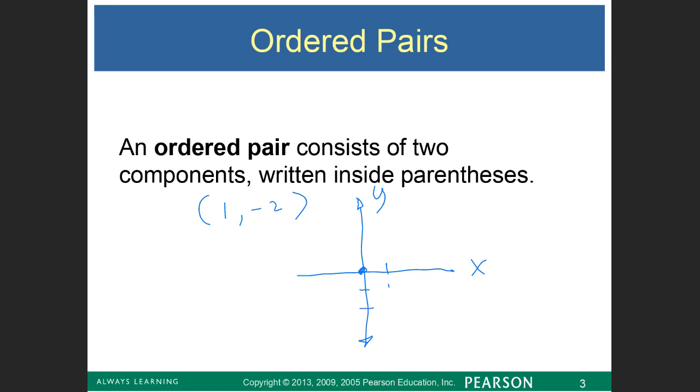Then you mark the point. That would be the location of the ordered pair (1, -2), which is in quadrant 4. Then you can label that (1, -2). So that's how you plot the point.